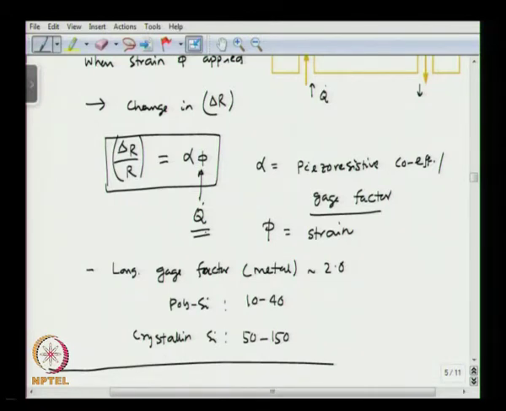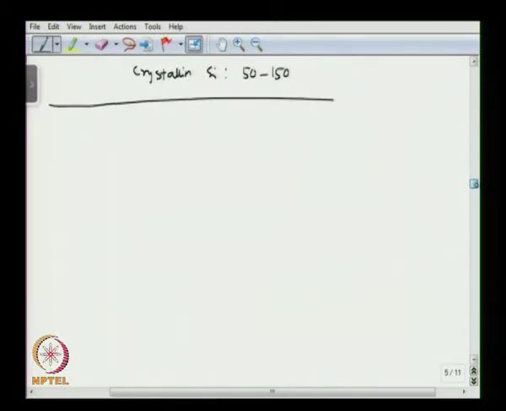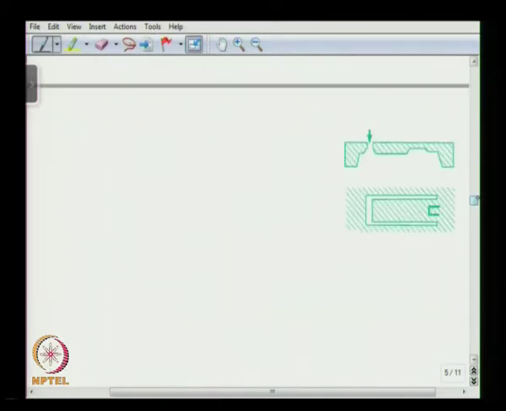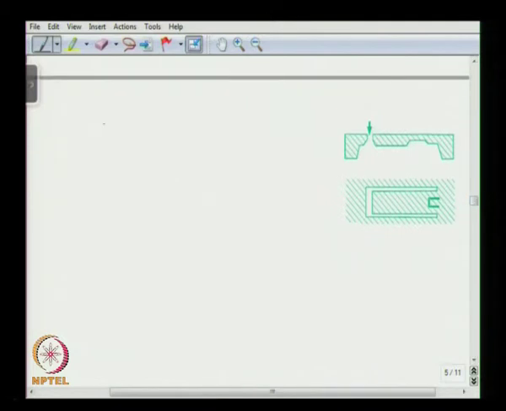Now, let us look at drag force flow sensors.